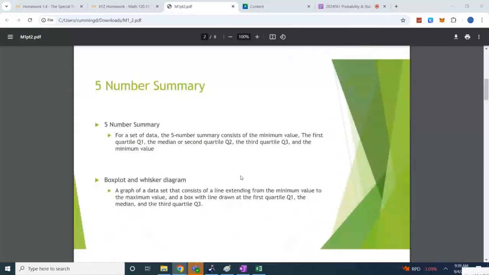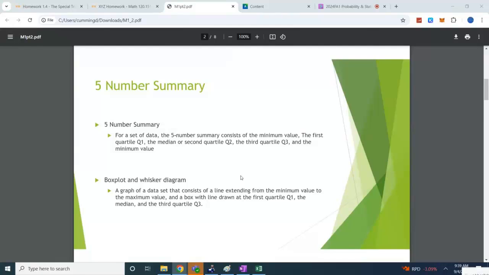and we're going to talk about a 5-number summary. And a 5-number summary is a way to just summarize a data set. Now, we're going to see information displayed in two ways. One way is just a list of numbers, right, where you have however many numbers is just a list.